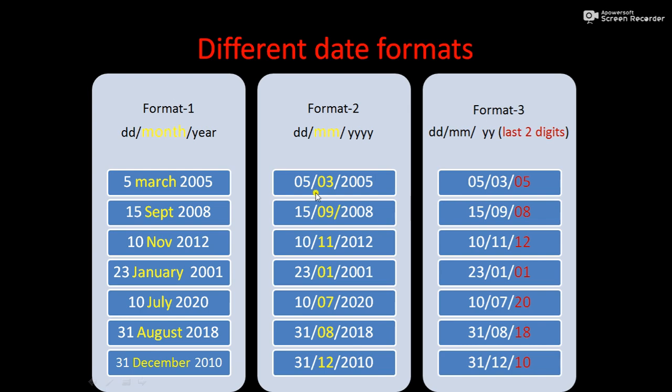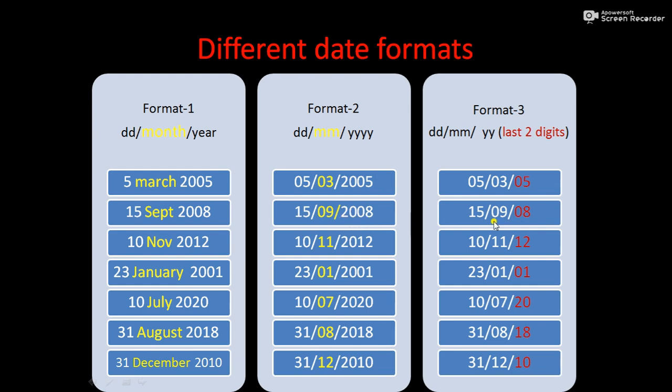You can see here I have written 05032005, but here I have written only 0503, and instead of writing 2005 I have taken only the last two digits, so I have written 05. In the same way, here you can see it is 15, here 15, it is 09, it is 09, but here we have 2008.